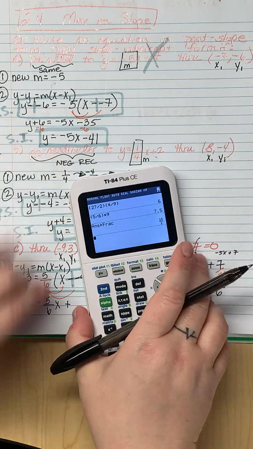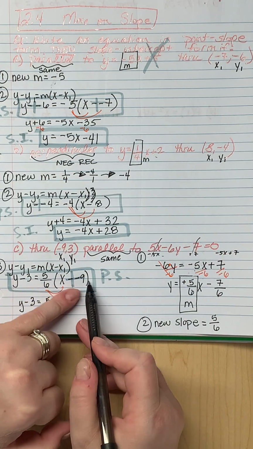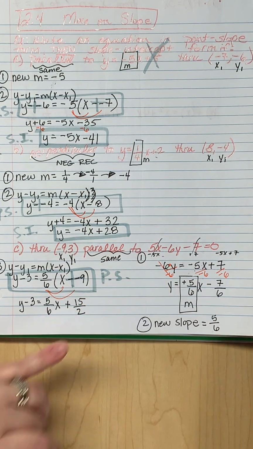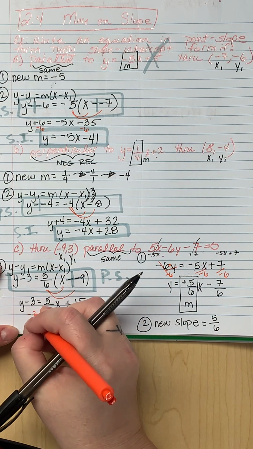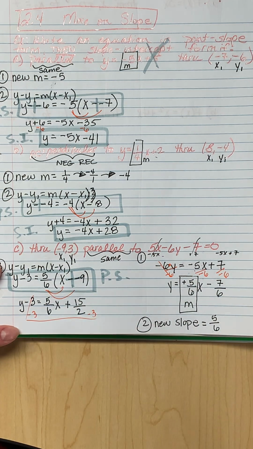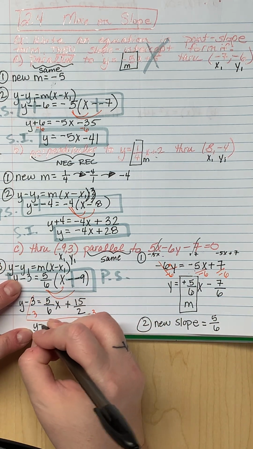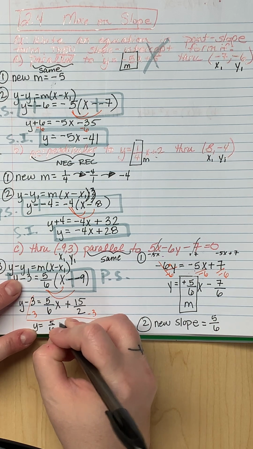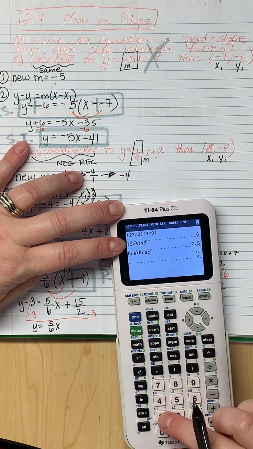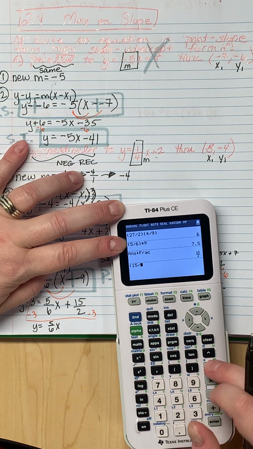Hot dog, 15 over 2. So I multiplied 5 over 6 times positive 9, and I got 15 over 2. And then I finish it with minus 3. And no, that does not make 12 over 2. You have to do a common denominator. I think it makes 9 over 2. Let's check.